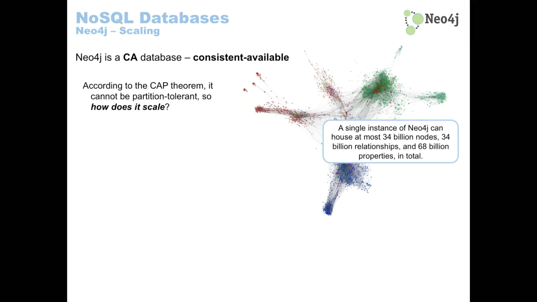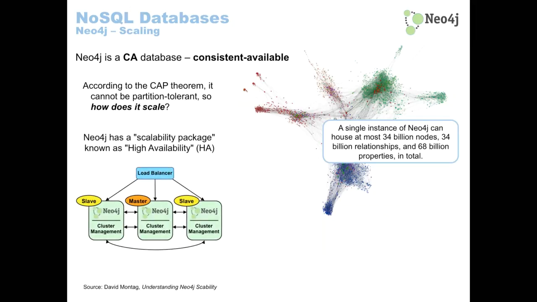So you can make a pretty big graph with Neo4j. But if you look at the documentation for Neo4j, they have what they call a scalability package, but it's known as high availability. Now this is a little bit strange because scalability has to do with partition tolerance, and that's something completely different from availability.